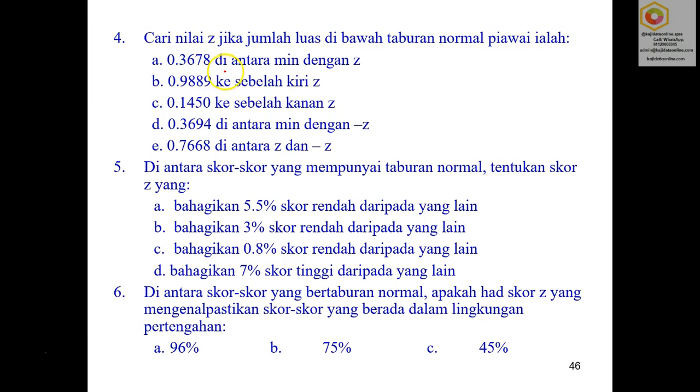This one, 0.367, is from within the mean and the Z. So you must be able to imagine: this is the mean and the Z. The Z you don't know, but we know the mean is there. On the left side of the Z, we got the Z on the left side. On the right is here. Between Z and minus Z is something like this.